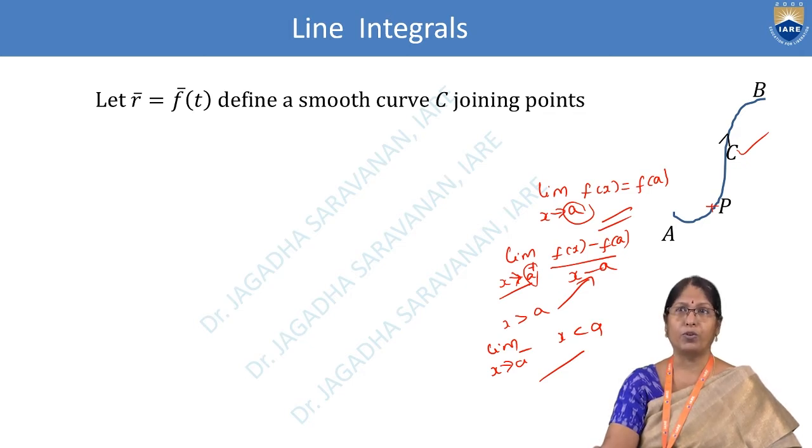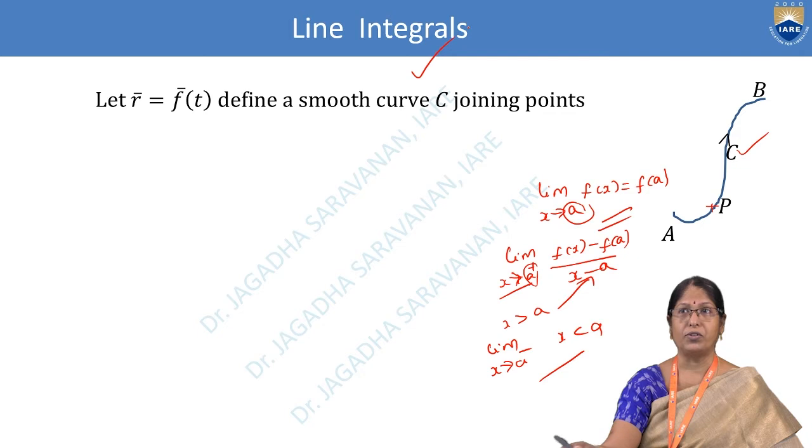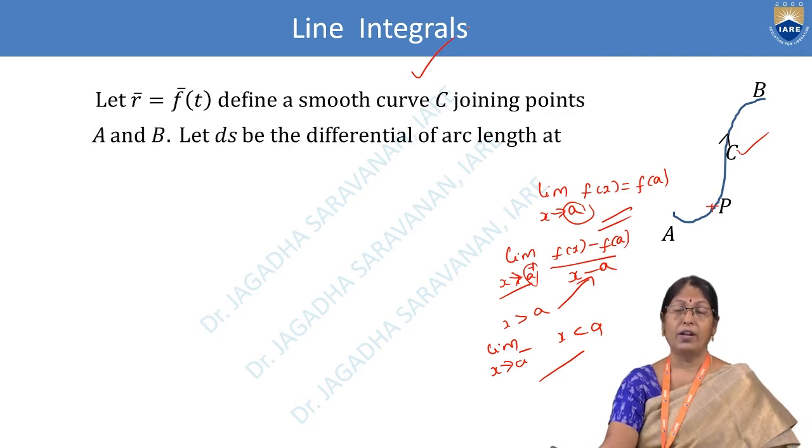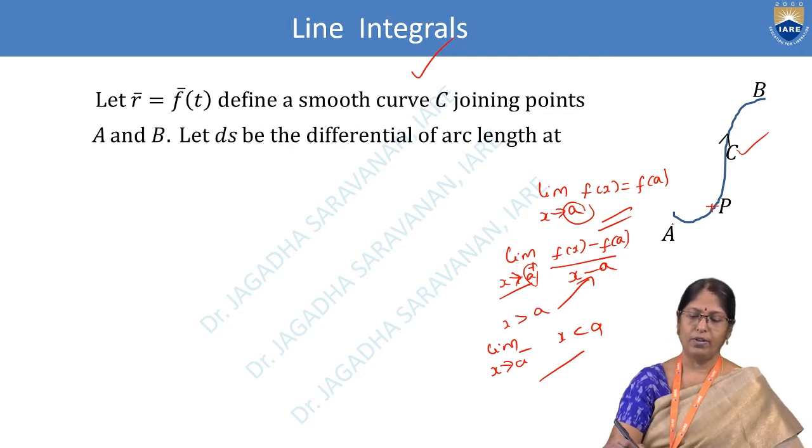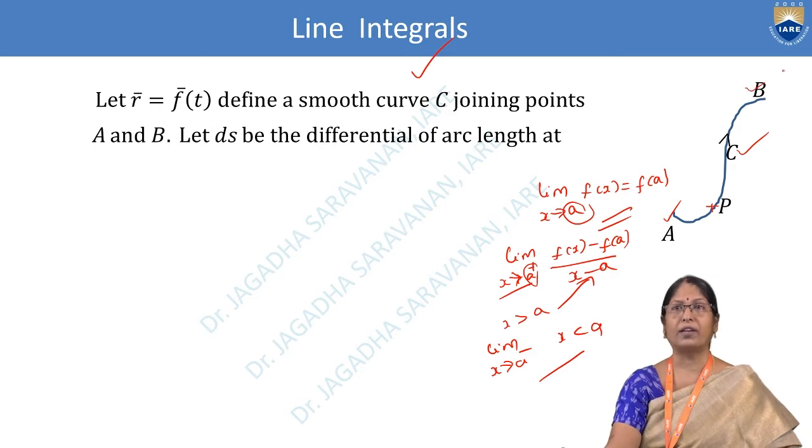This is very important for the line integral. Now, A and B are the starting and end points. ds is the differential of arc length, that is, s is the length of the arc.